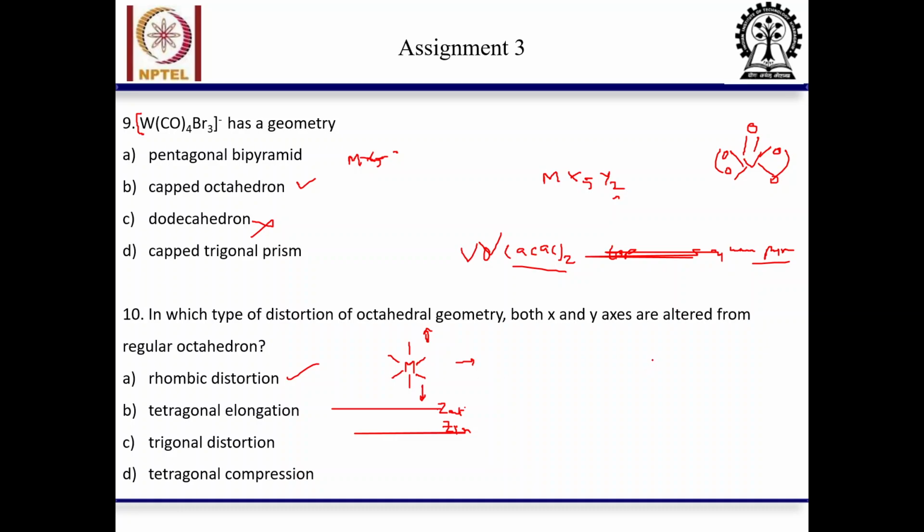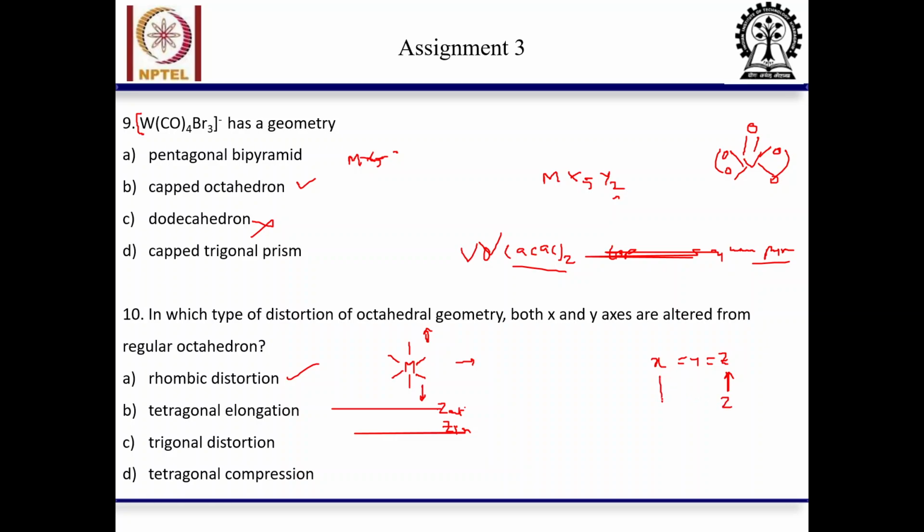So here x is equal to y is equal to z. This is your regular octahedron. Now in the z direction, you do the elongation, right?